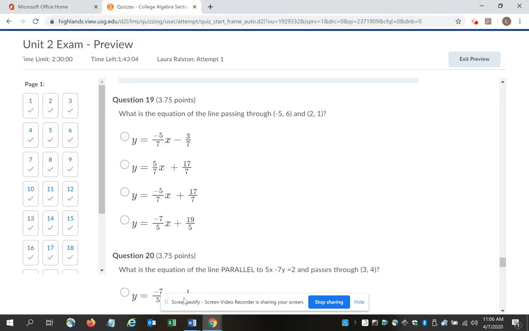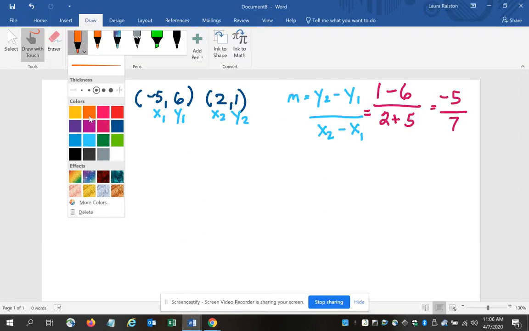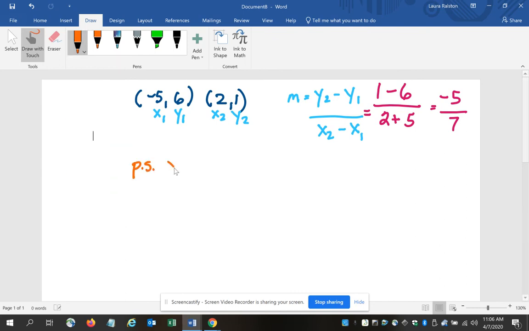So again, I could come over here and eliminate some of my choices. I have 2 options left, so I'm going to do the math. I'm going to plug into point slope, which is y equals m times x minus x1 plus y1.